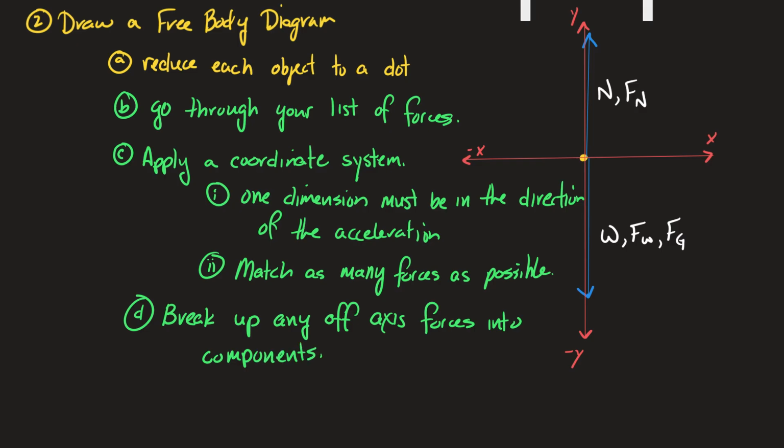This is where you'll do your trig. You'll take any off-axis forces and break them up into components. All right, that's drawing a free body diagram and setting up your free body diagram to solve your problem. So although so far I've only had 2 steps, you notice that all the steps have lots of subparts, right?